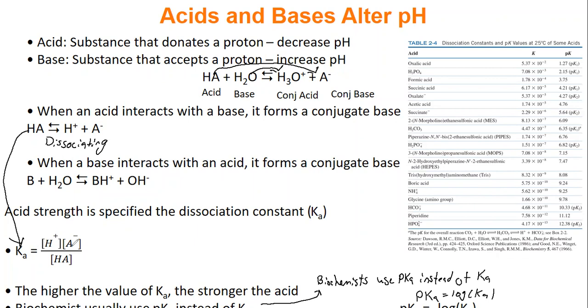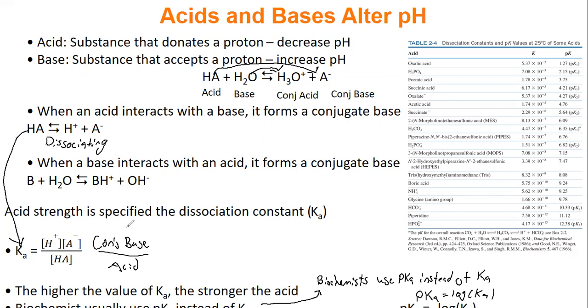So it's products over reactants. And it should make sense that the higher the value of Ka, the stronger the acid. Because on the numerator, we have conjugate base divided by our acid. So the bigger our numerator is, the more of our acid that dissociated.